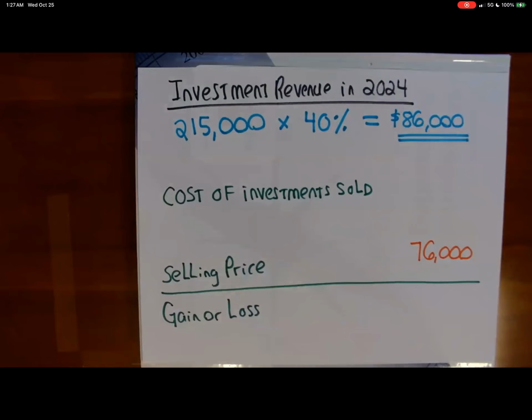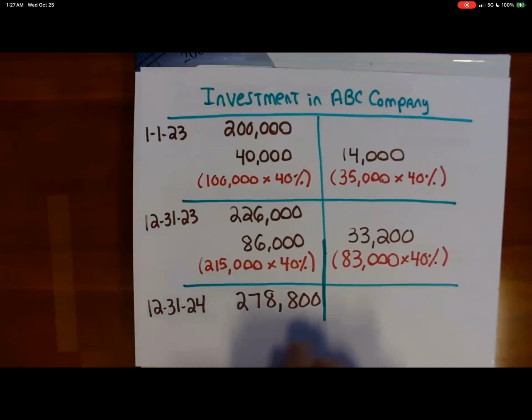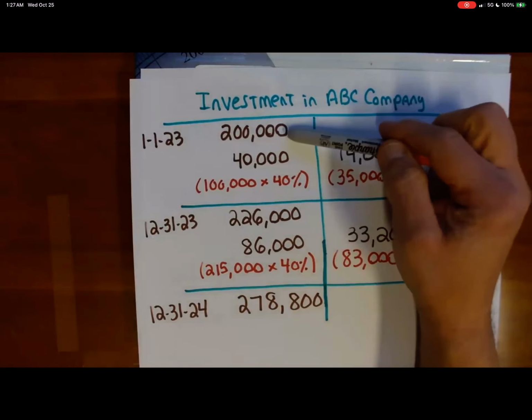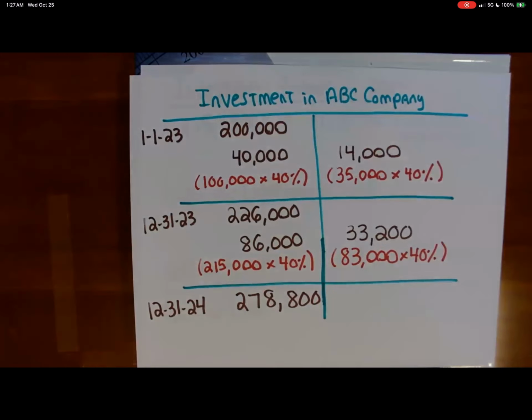What a lot of folks would do is they would take the $200,000, which is what we initially paid to buy the shares. 200,000 times 1/4. That's not right.